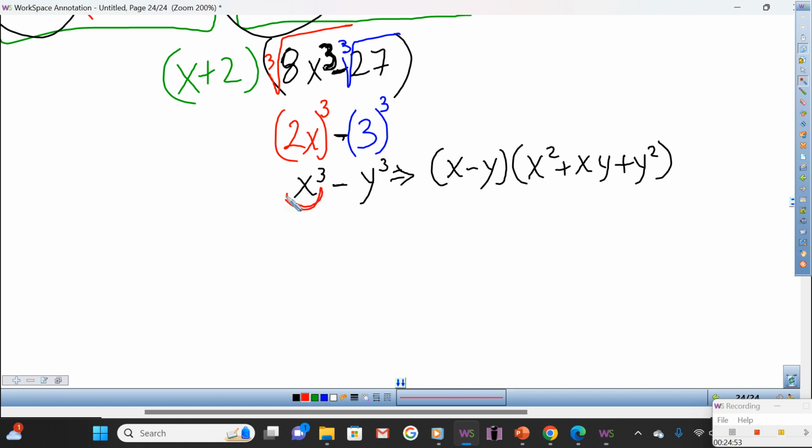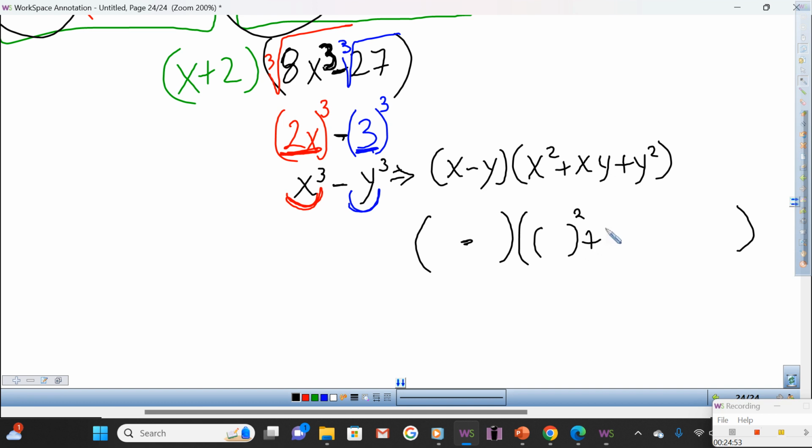Instead of x, I'm going to use now what? 2x. And instead of y, what am I going to use? 3. So, here we go. Parentheses, parentheses. I'm going to do a parentheses for the x, a parentheses for the y.